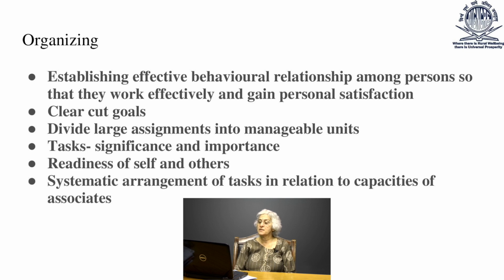So organizing also involves a systematic arrangement of tasks in relation to the capacity of the people whom you are giving the tasks. So if there are 10 of us in an organization, you have to be able to assess the ability, the capacity, the capability, the talent, the maturity and the caliber of each of the team members whom you are giving the task to.